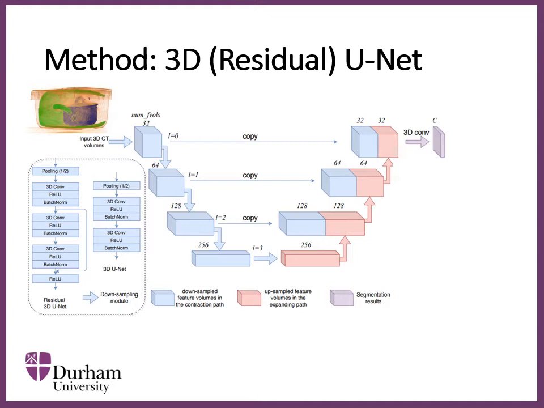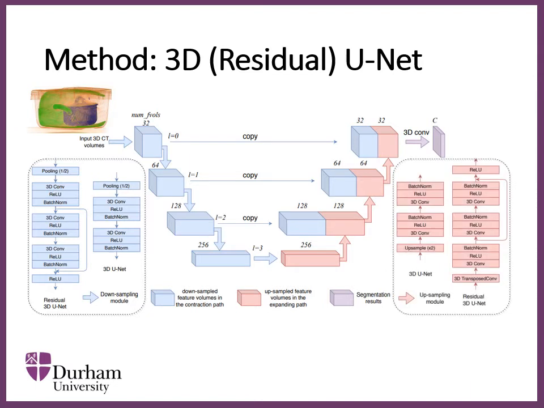For the residual 3D UNet, we have three 3D convolutional layers and a skip connection, and that's why it is called residual 3D UNet. Similarly, the details of the upsampling modules can be found in the diagrams on the right side.